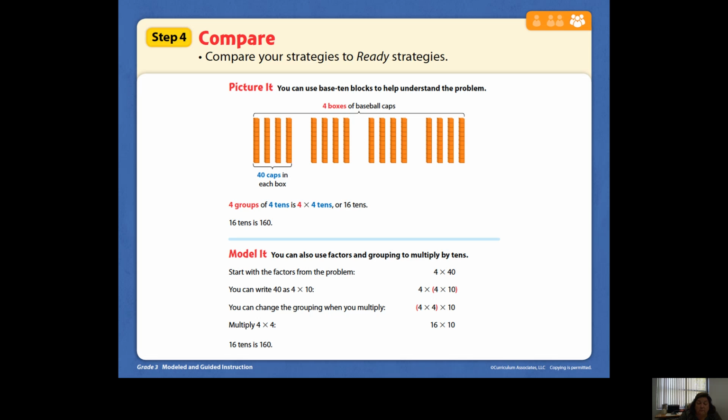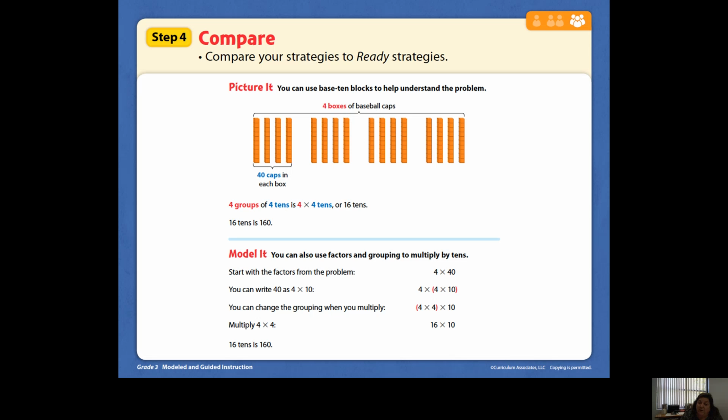Okay. Now, we've discussed a couple of things of how we can do this yesterday, but let's see what's another way that we can do. If we have 40 caps in each box, we have 4 groups of 4 10s, right? 4 groups of 4 10s. 1, 2, 3, 4.